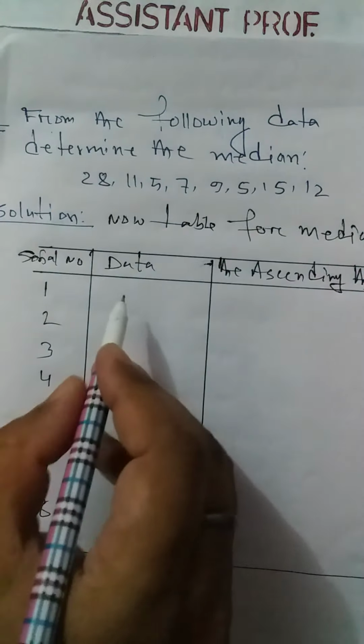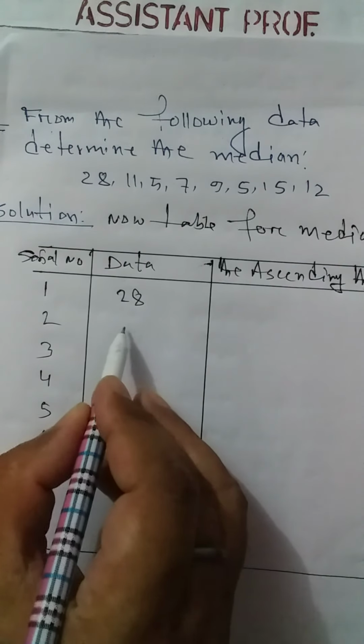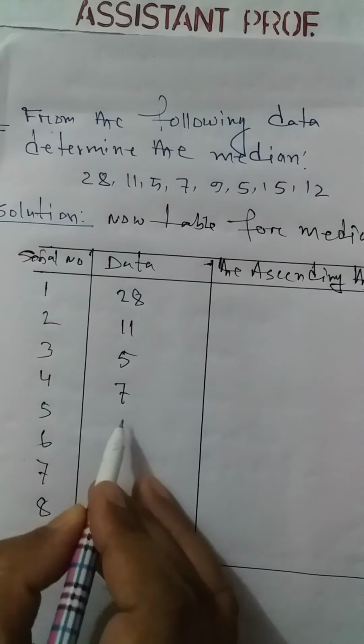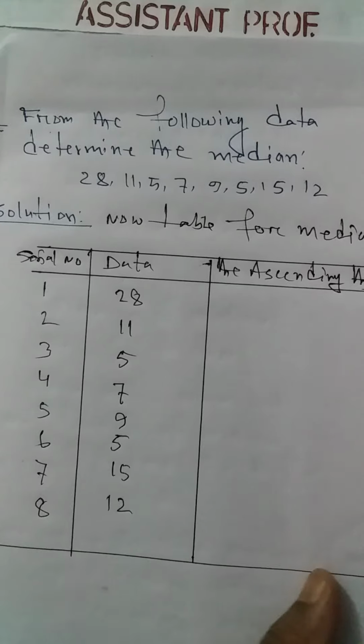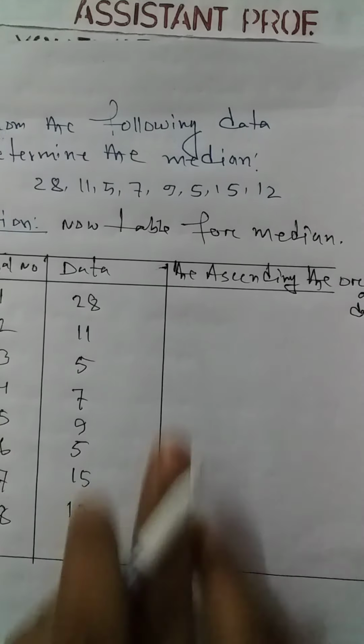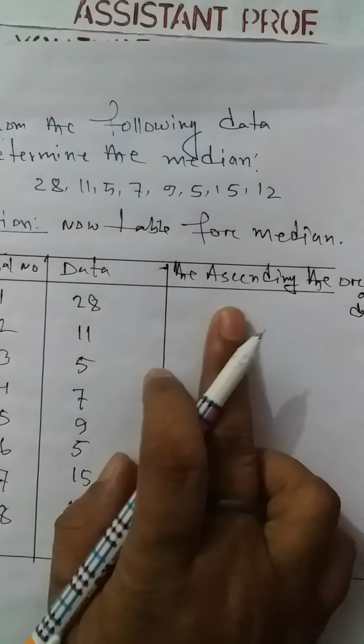The actual data given is 28, 11, 5, 7, 9, 5, 15 and 12. Now ascending or descending, as you like. Generally we use ascending order of data. You can write descending order of data, no problem.